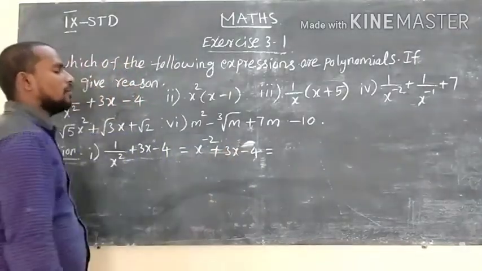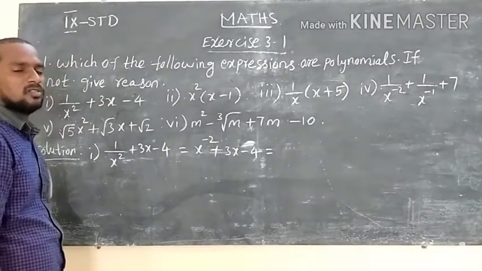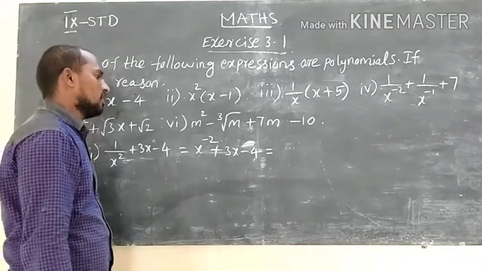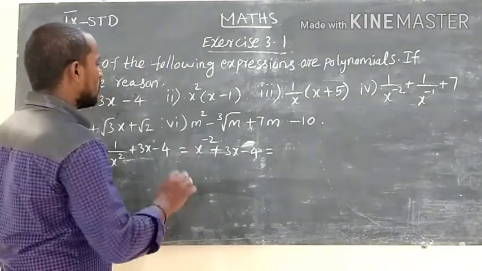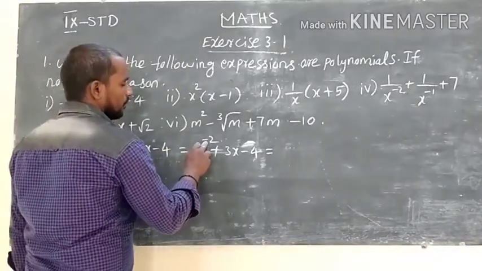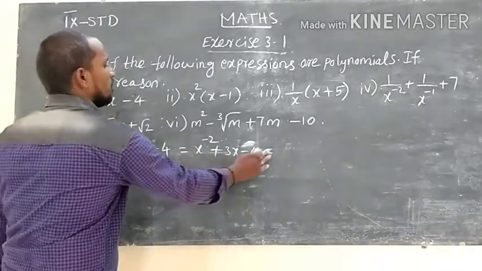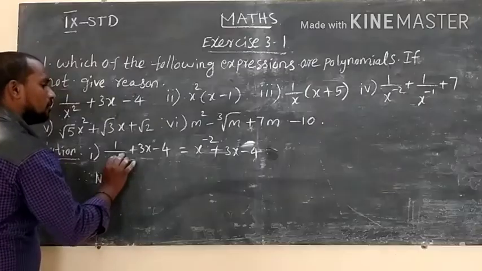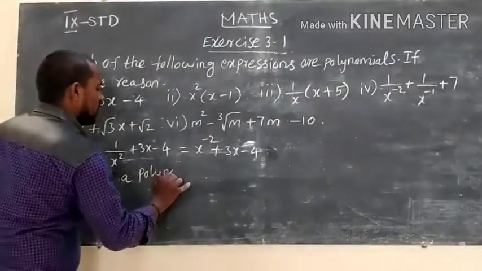So the polynomial condition is non-negative integers, non-negative as well as integer exponents. That only is a polynomial. This is the definition of polynomial. This is a negative exponent. So this is not a polynomial.